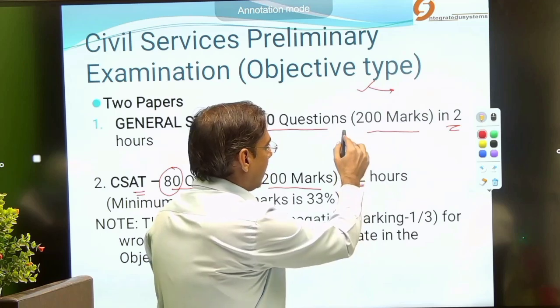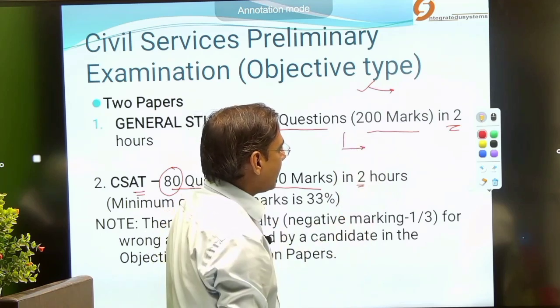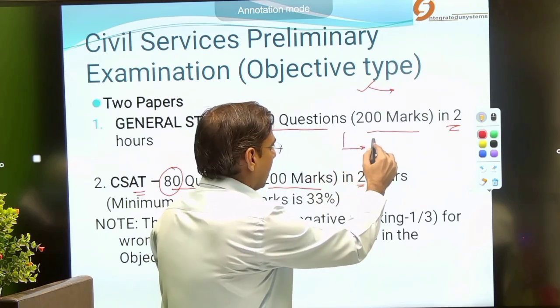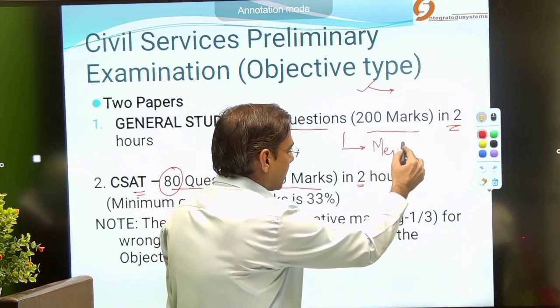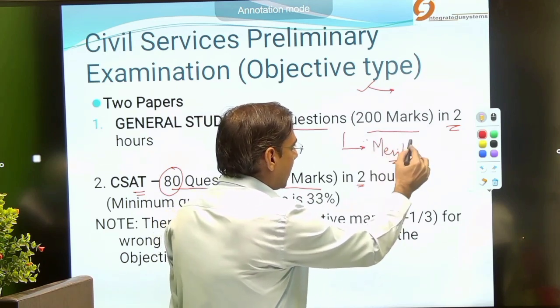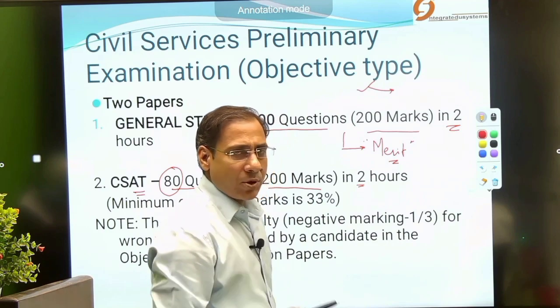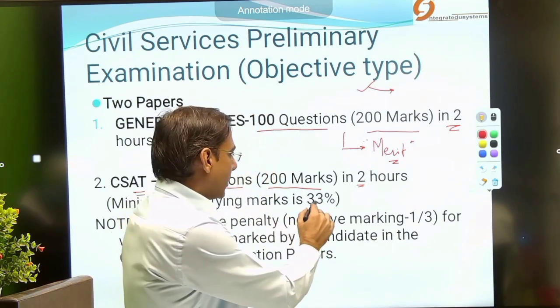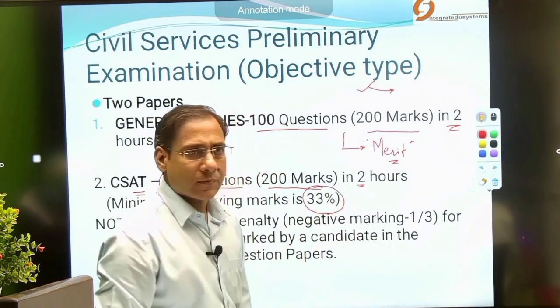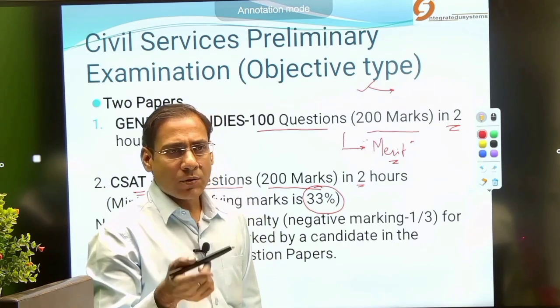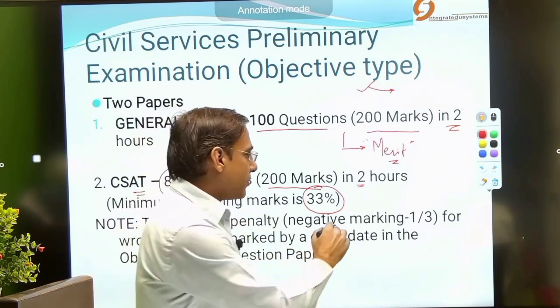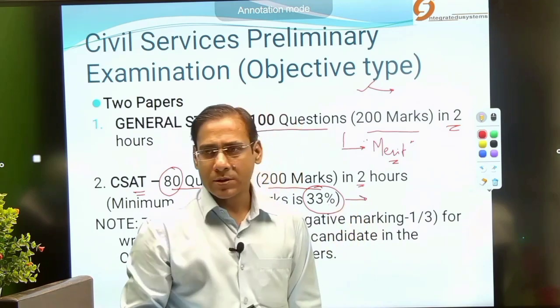When you look at the preliminary examinations, basically the candidates selected for the mains and the merit are decided by the GS paper. But what is the role of CSAT? It is qualifying in nature, and candidates of all categories have to achieve this minimum mark.